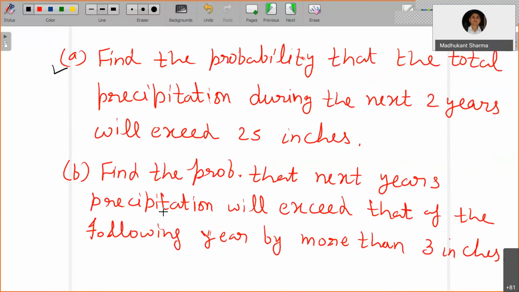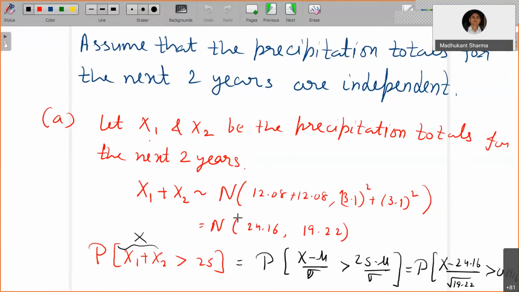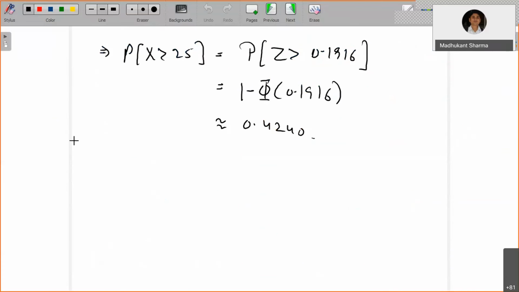So we are with the same definition, precipitation total for the next 2 years, and assume that the precipitation totals for the next 2 years are independent. So now what we are interested in is the probability that x1 is greater than x2 plus 3.